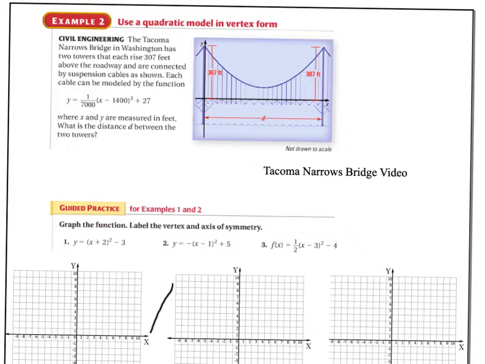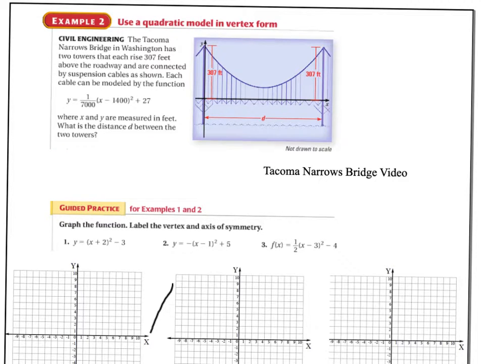So we need to find that distance d, but before I do, we're going to need to find the vertex because this will tell me something about its horizontal distance from this tower. So looking at the equation, you can see it's written in vertex form. And so remember your vertex is (h, k), and my h is 1,400 feet, and k is 27 feet.